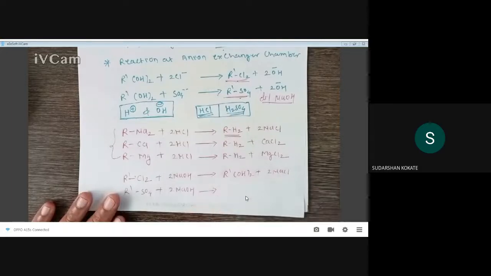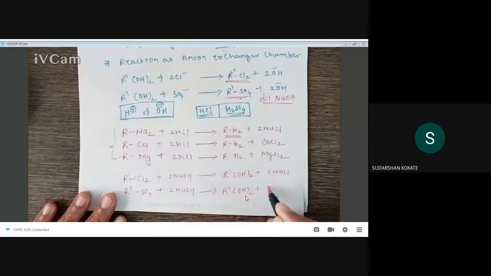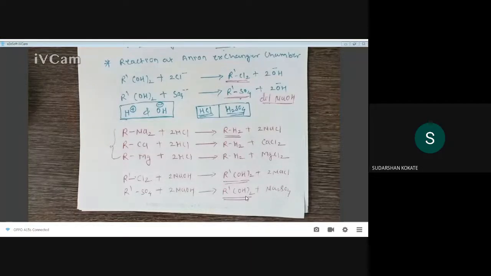And here is R-(OH)2 plus Na2SO4, not twice, only Na2SO4, right? R-(OH)2 plus Na2SO4, sodium sulfate. In this way, we can regenerate anion exchanger resin a number of times, right? Understood up to this point? Yes, sir.